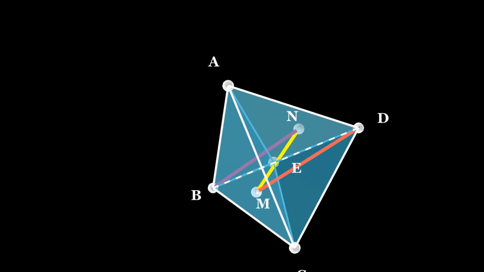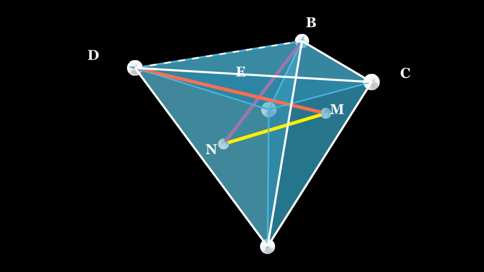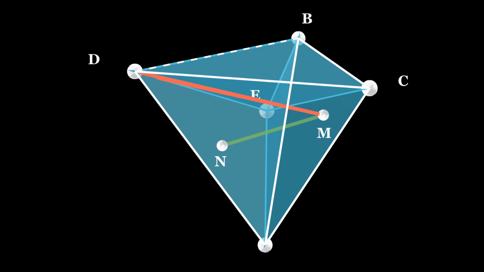All we really need to do is accept that there exists a point in the 4th dimension. Let's label this point E, where EM is the same length as DM, and EN is the same length as BN.